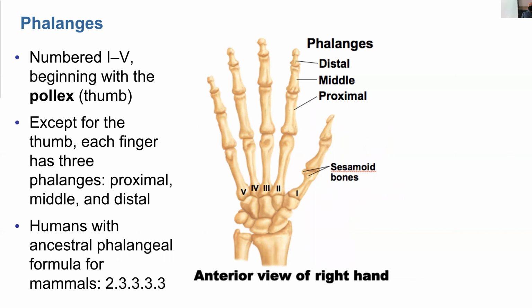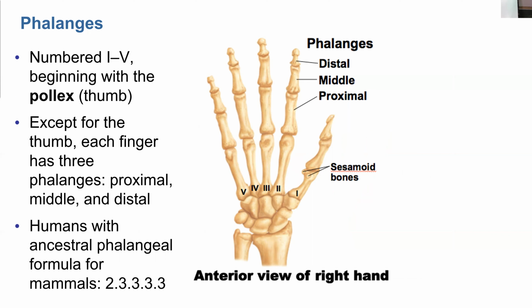Then moving distally from there, we have the phalanges. It's a funny word. The word phalanges is plural, and so we have what's called phalanx, which is singular, and there are two L's in front.